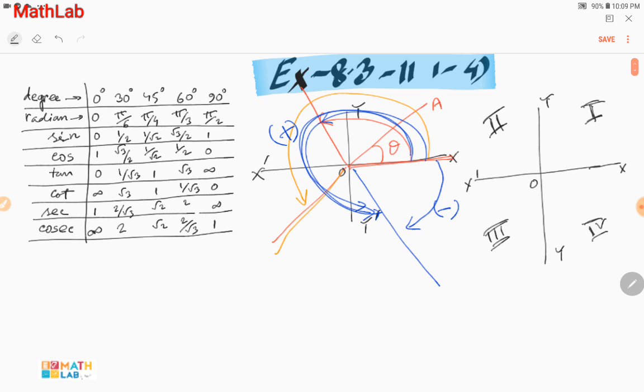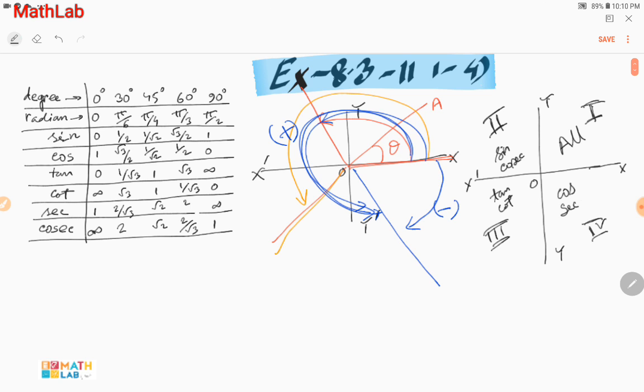In the first quadrant all trigonometric ratios are positive, and in the second quadrant sine and cosec are positive. In the third quadrant tan and cot are positive, and in the fourth quadrant cos and sec are positive.